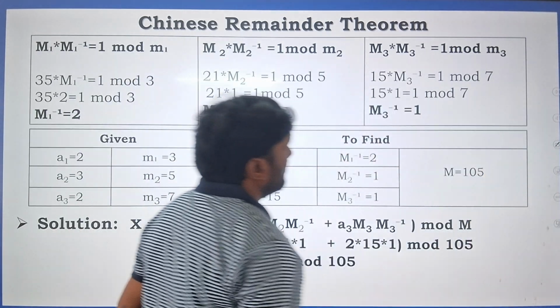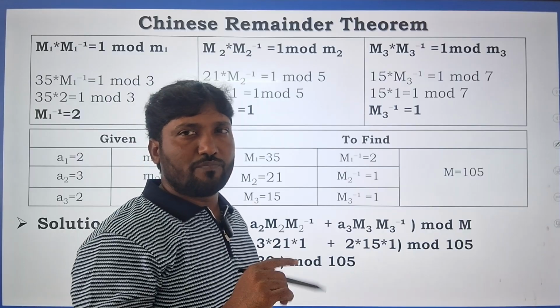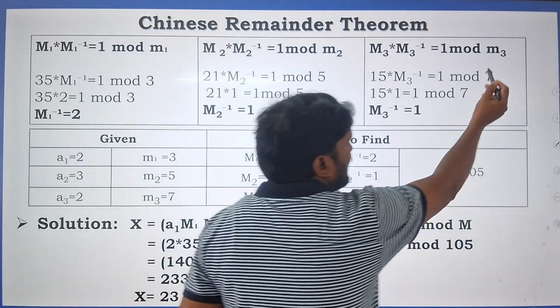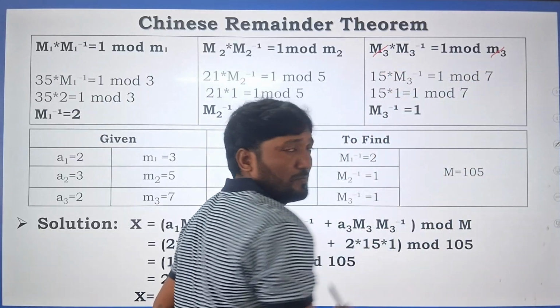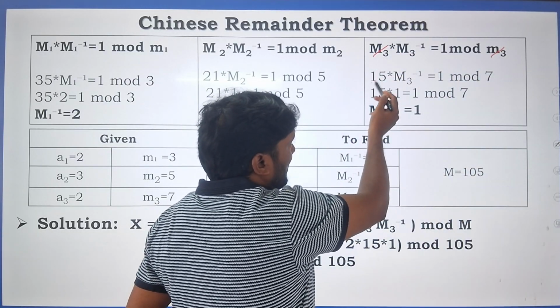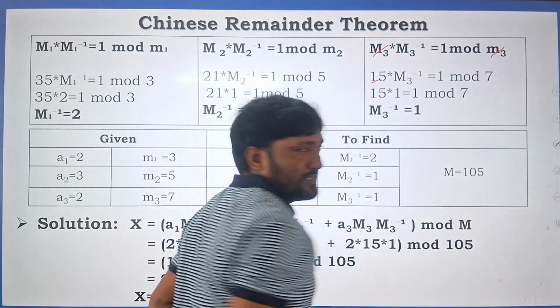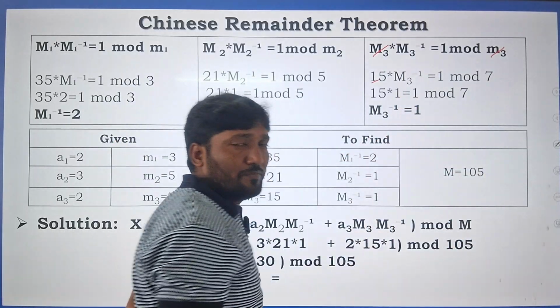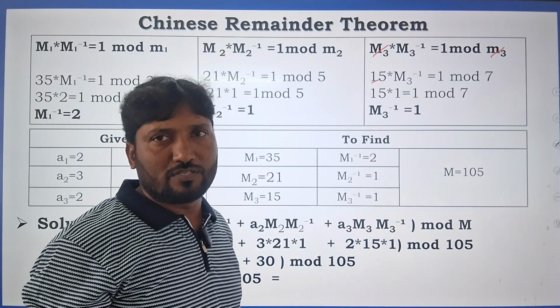So now M3 multiply M3 inverse equals 1 mod m3. As we know, what are the M3 value and m3 value? This capital M3 value is 15, small m3 value is 7. We can now substitute 1, 2, 3 and so on in place of the M3 inverse value.